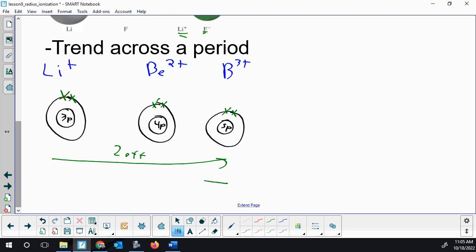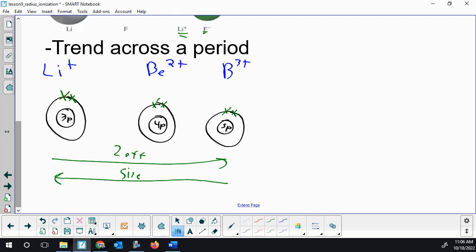I'm doing bigger arrows throughout this lesson, so they're going to get larger with a smaller charge. So lithium would be the biggest, beryllium 2 plus a little smaller, boron 3 plus the smallest still.